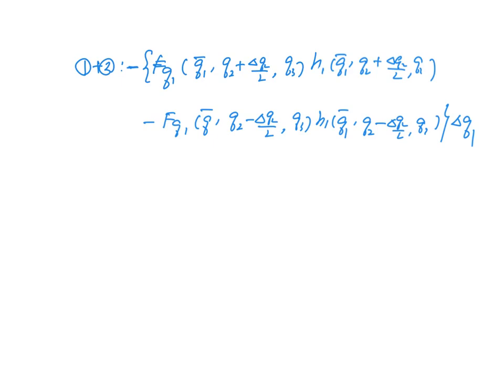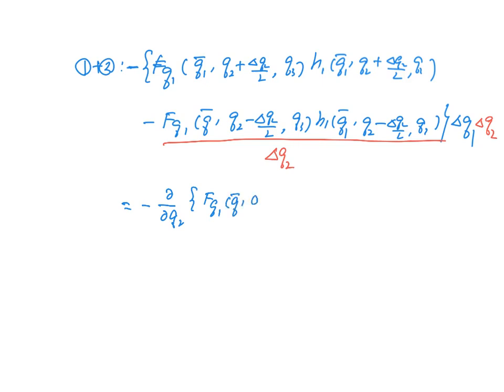So we divide the whole thing by delta Q2. Then it becomes minus partial Q2 partial F_Q1 H1 at Q1 bar, Q2 bar, Q3, times delta Q1 delta Q2.